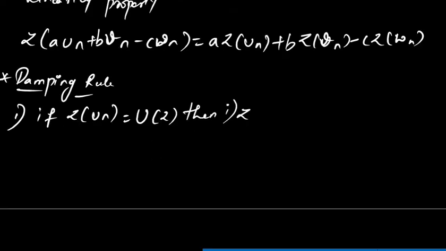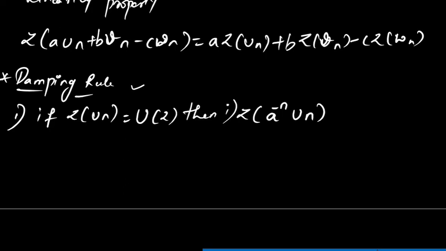Next comes the rule called damping rule. We know Z transform of un is nothing but u of z. Some textbooks refer to it as u bar of z or capital U of z, so it means the same. So when we have Z transform of un equal to u of z, then according to the damping rule, we have Z transform of a power minus n into un. As I told you, our function is u of n, and a turns out to be a constant.